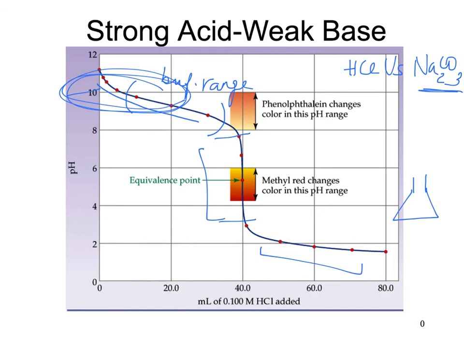Now, I don't know if you paid attention in the previous curve as well, that each time I had some indicators lined up for the system, and I just want to get your attention for that. Essentially, an indicator is an organic compound.